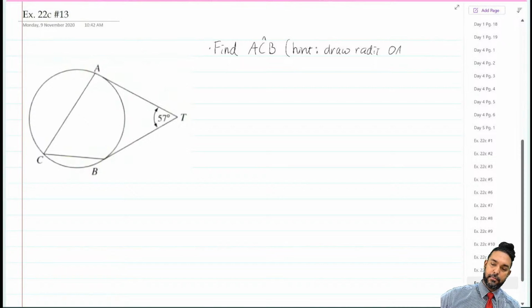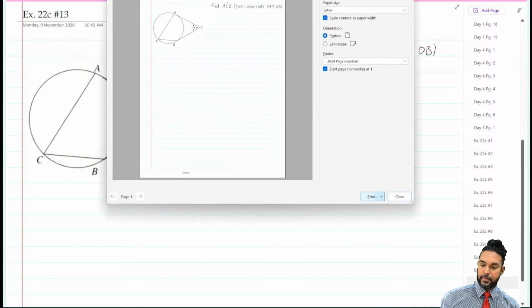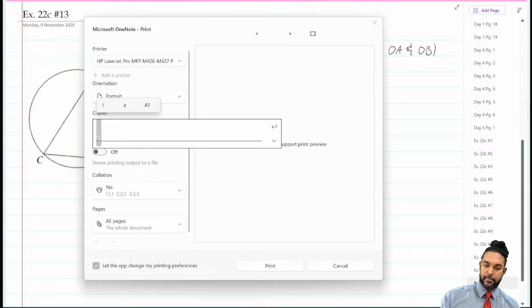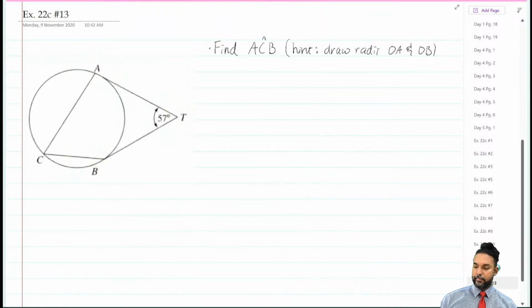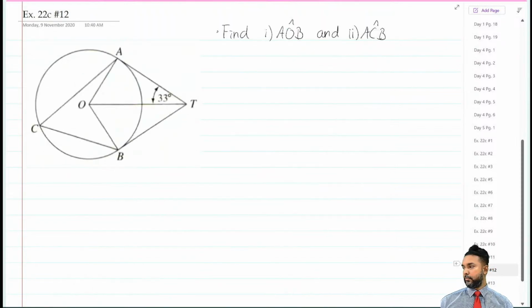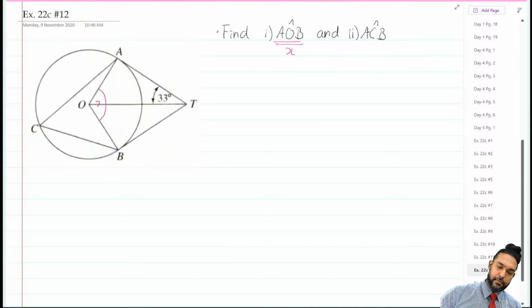Right, so we want to find AOB, which is this angle here. I want to find ACB, this angle here.